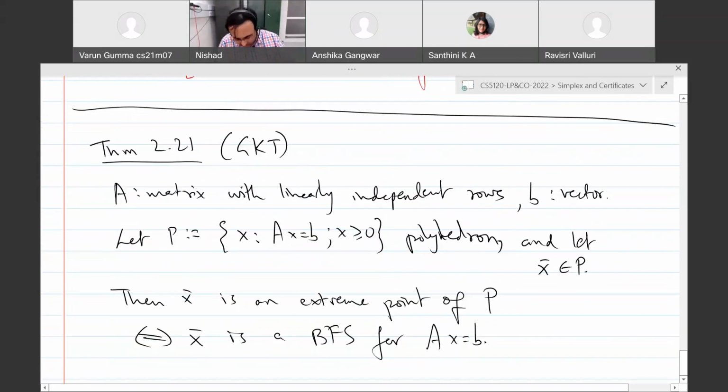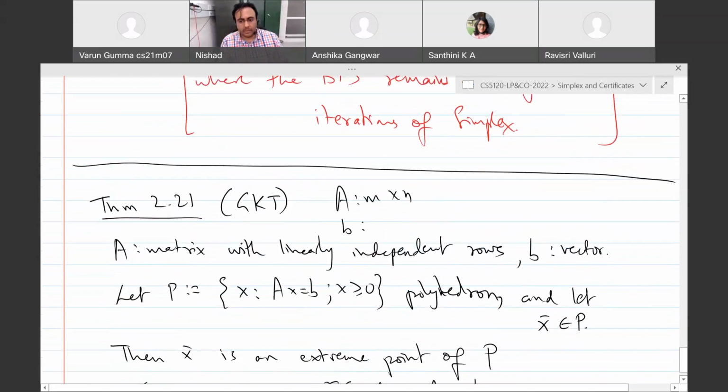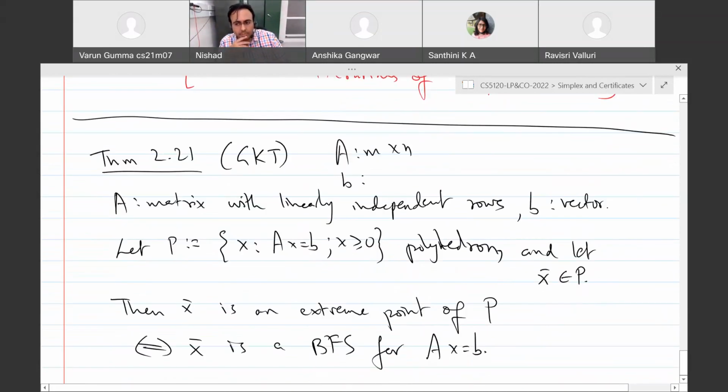Right? So just to be clear, A is M times N, and what should be B here? Can anyone tell me what B should be? What should the dimension be? N times 1. M times 1? Yeah, M times 1. Right, exactly.